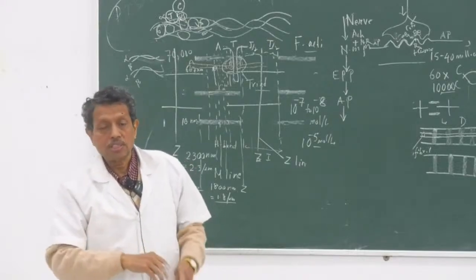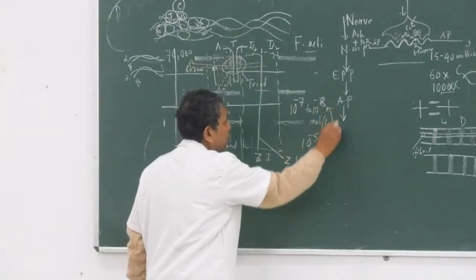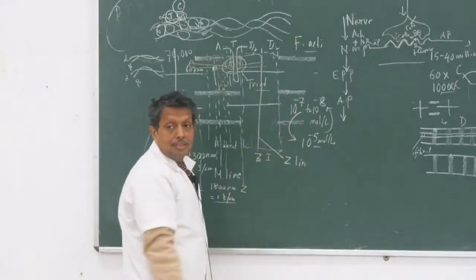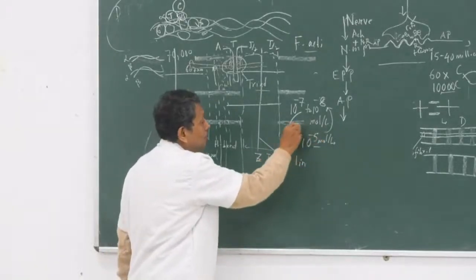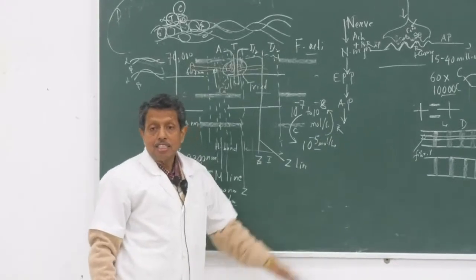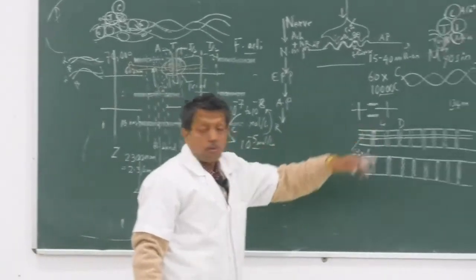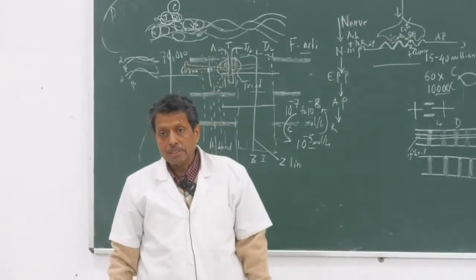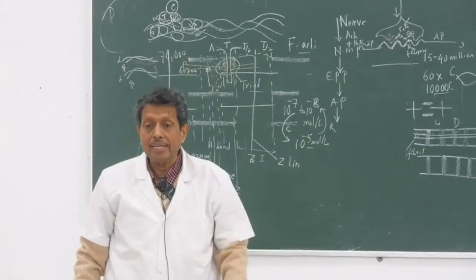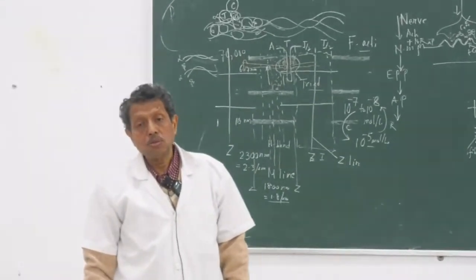So the cytosolic concentration returns from this value back to this. During contraction it is at this level with the action potential, and during relaxation it turns back to this. Then calcium is displaced from the troponin C complex, and tropomyosin again covers the area for myosin head attachment. In this way relaxation takes place.